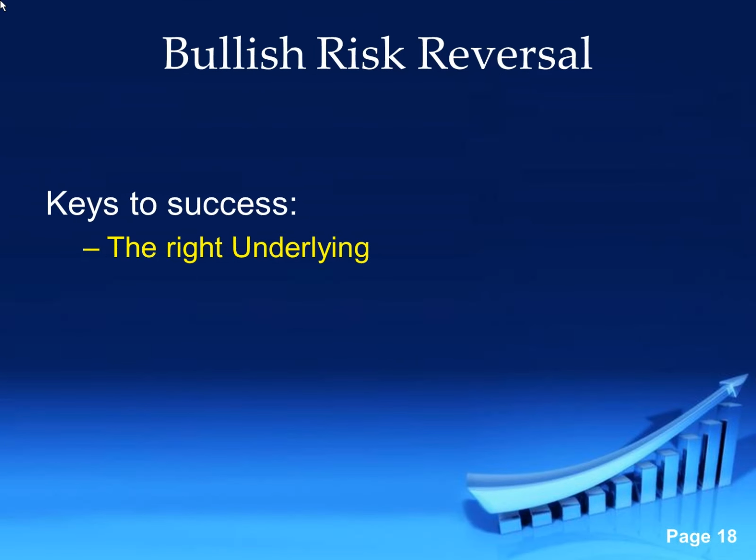And when we're looking at an analysis of this underlying, we come up with this bullish assumption on it, and I say, well, can I trade this bullish risk reversal around it?